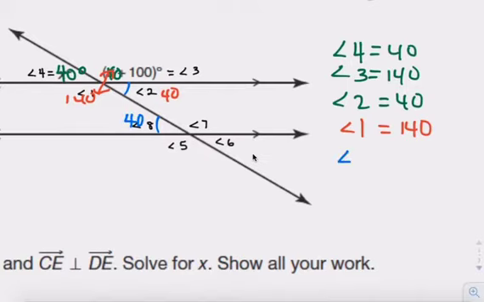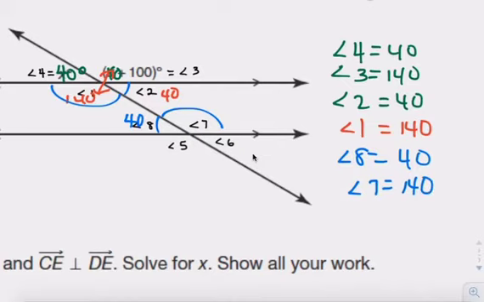Measurement of angle 8 should be 40. And this here and this here are congruent. Alternate interior angle 7 is 140.